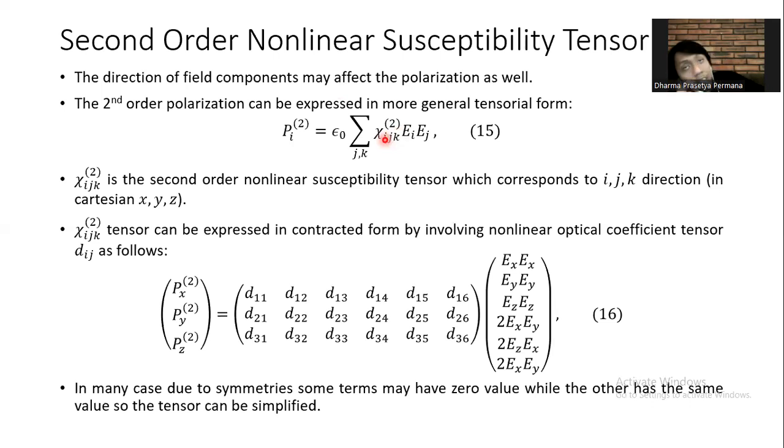And as I mentioned before, the higher the nonlinear order of the process, the higher the order of the susceptibility tensor will also be. For example, the second order nonlinear susceptibility tensor has i, j, and k indices. These indices usually denote what we call the Cartesian coordinates, so we have components like chi2 xxx, chi2 xxy, chi2 xyz, and so on.